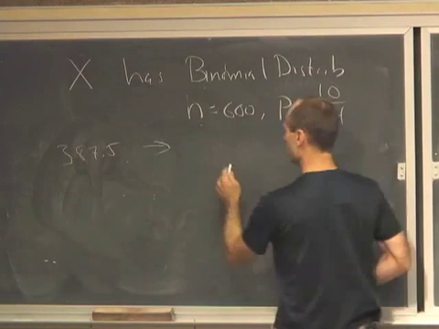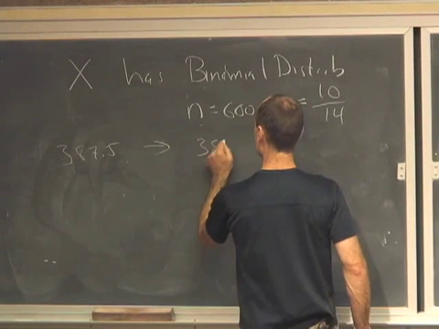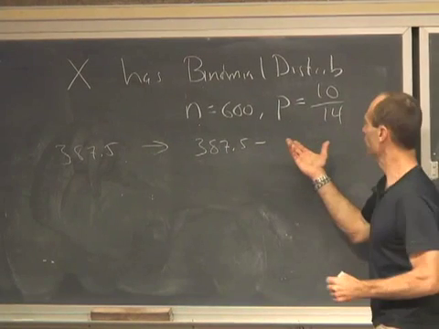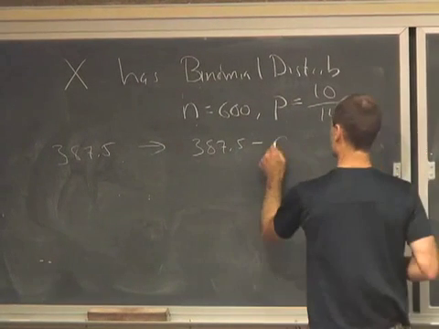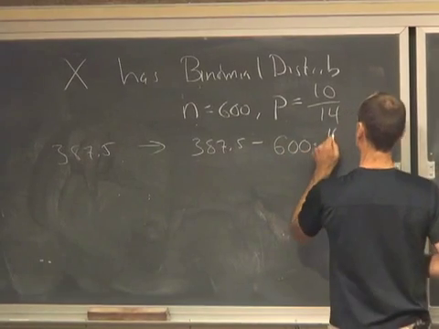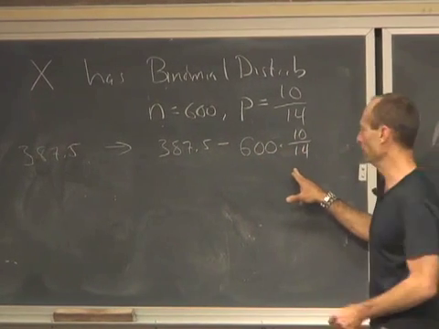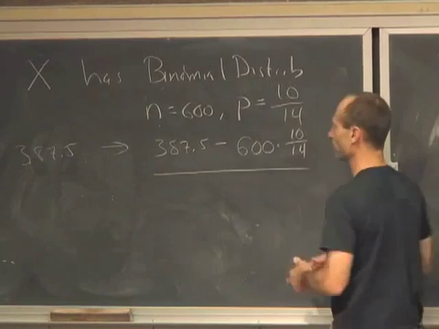we would take 387.5 minus the expected value, which is 600 times 10/14, right? n times p is the expected value. And what's the standard error of this random variable?